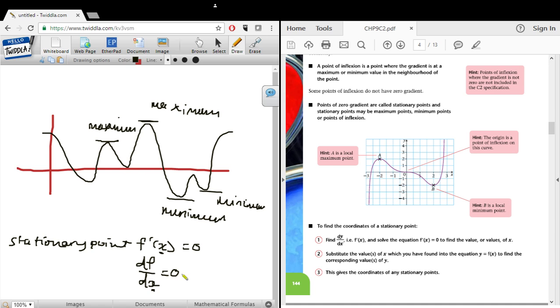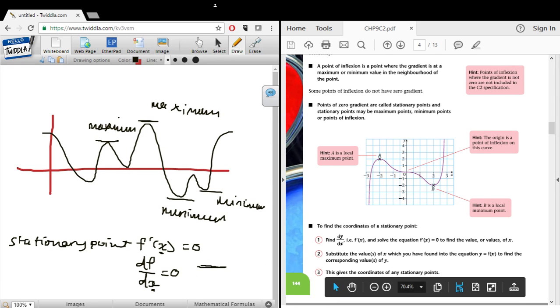Remember why it's 0, because the gradient has to be level. So here you can see that at the turning point it's level, turning point is level, turning point is level, and at the turning point here it's level. This means that we will have the gradient equal to 0.